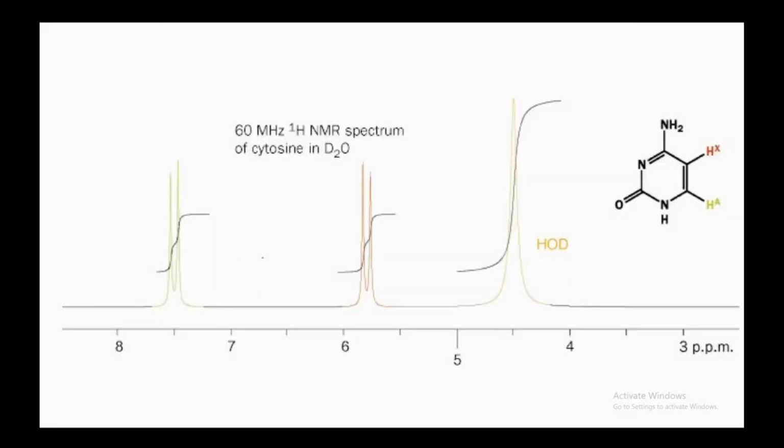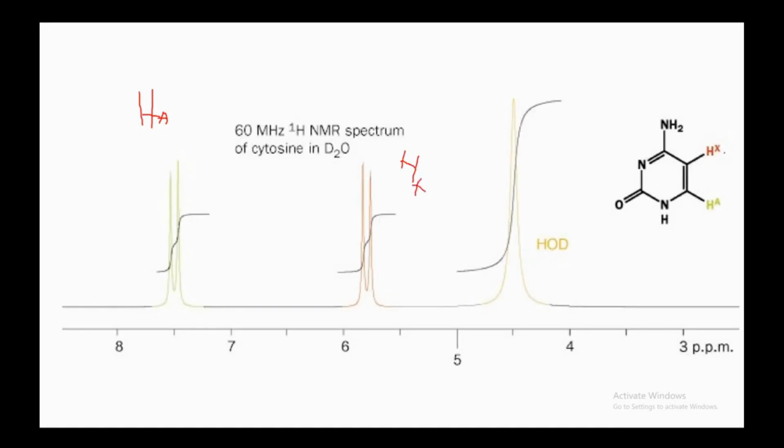So if you look at this compound here, this is a pyrimidine base, and that is NH2 and this is NH. So this HA and HX couple to each other and they give you multiple peaks. For example, this orange signal is for HA, which gives you the doublet, because this HA is coupling with the HX, and this signal is for the HX, which is coupling with the HA.